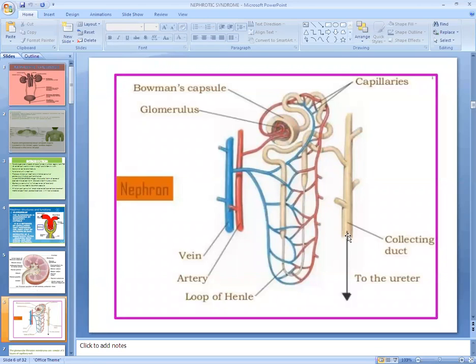The collecting duct opens into the duct of Bellini. The duct of Bellini opens into the renal papilla. So this is the structure of the functional part of the kidney, that is the nephron.